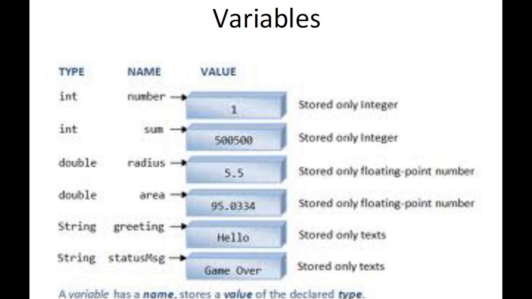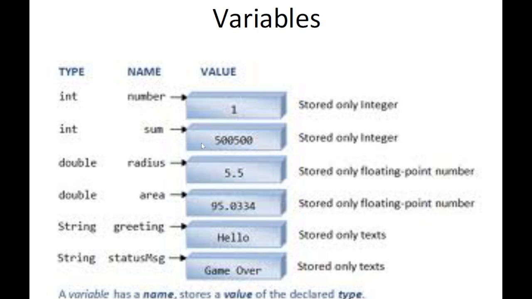This slide relates to the variables we use, or are going to use, in Arduino sketches. An int variable type stores only integers, so this is an example: int num, and the value is 1.